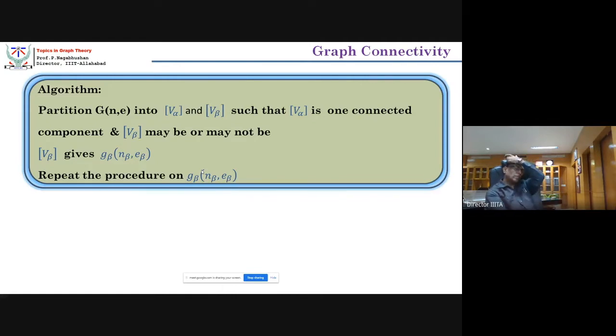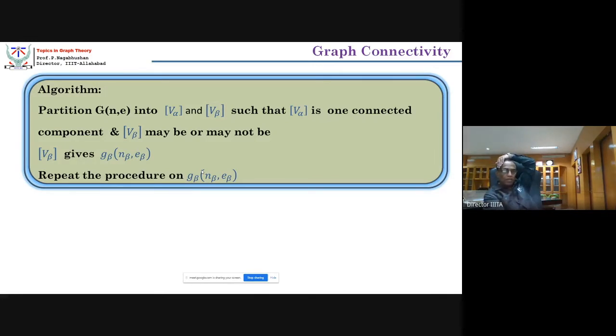You may start with some particular vertex, arbitrarily any vertex, maybe V1, and then find out all the vertices connected to V1. All those vertices will make a set where traversability amongst themselves is possible, and all other vertices which cannot be connected to V1 will be in another set, V beta.